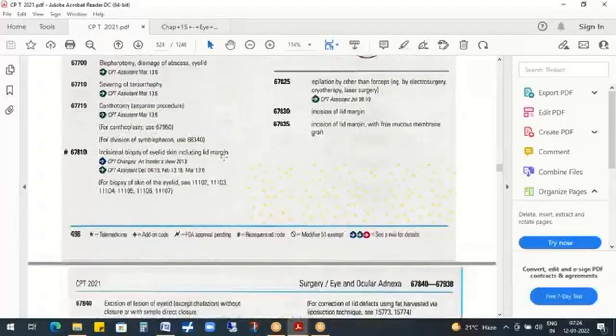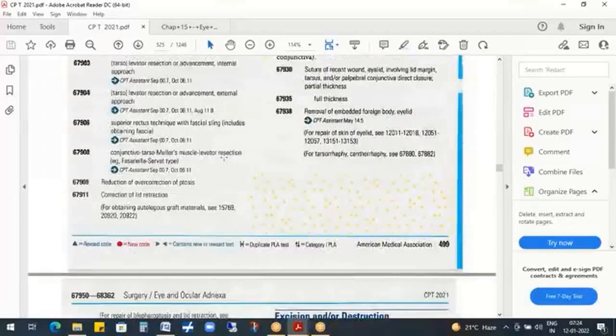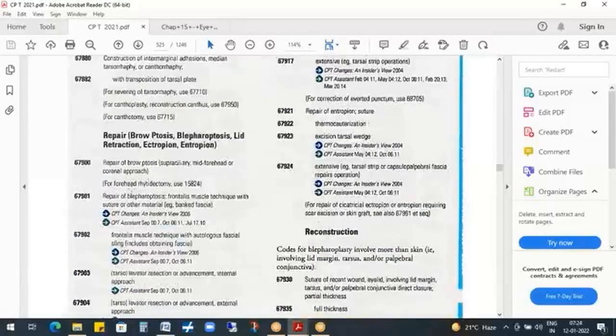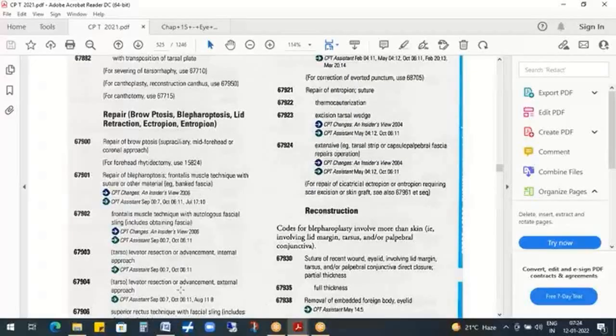67901, right? That one you are talking about. Repair of blepharoptosis, frontalis muscle technique with suture, banked fascia. Tarsal levator resection is going on. Yes or no? External approach.